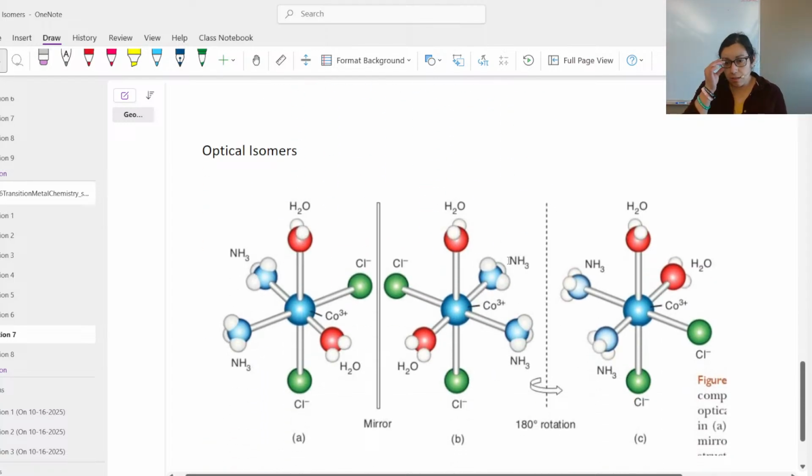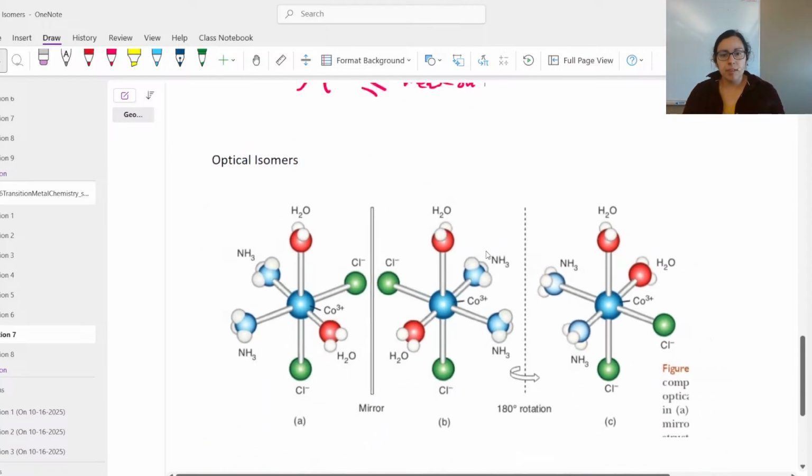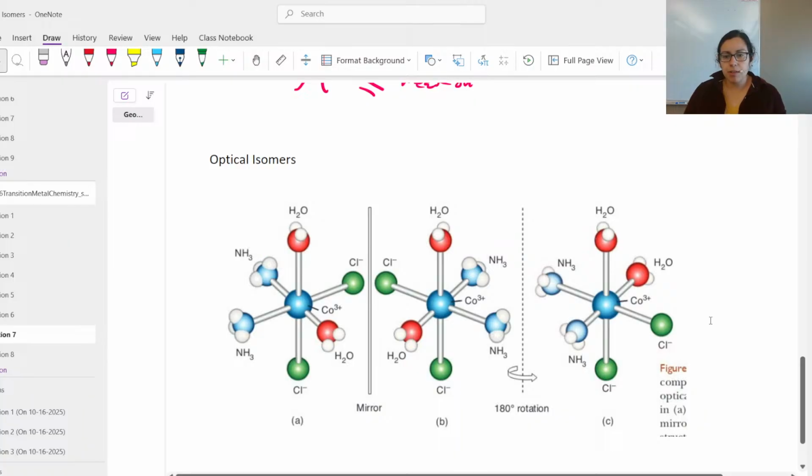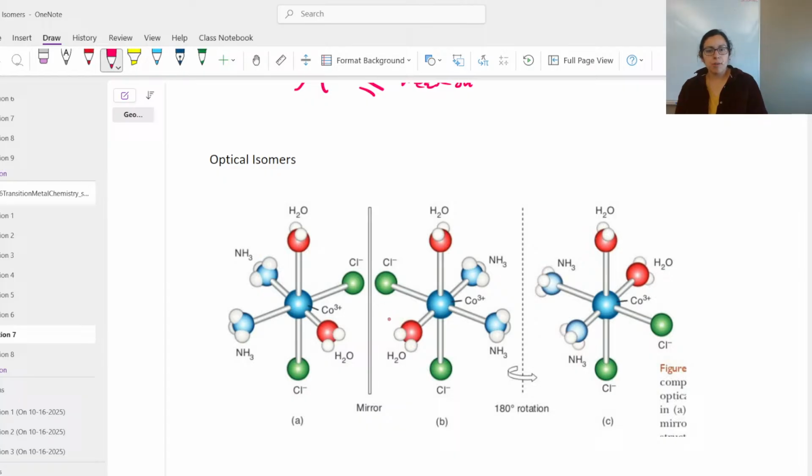All right, and then you also looked at optical isomers. Optical isomers have some sort of chirality and then a mirror image. So we have these octahedral isomers where, again, they're non-superimposable mirror images.